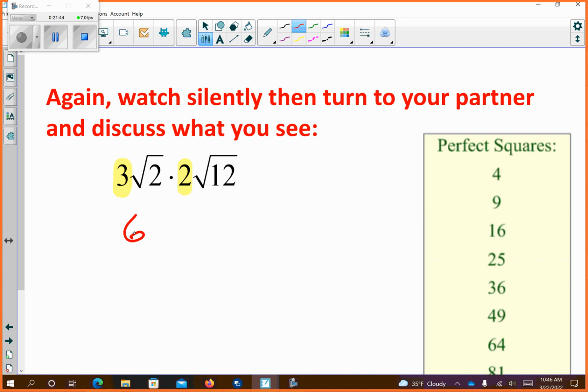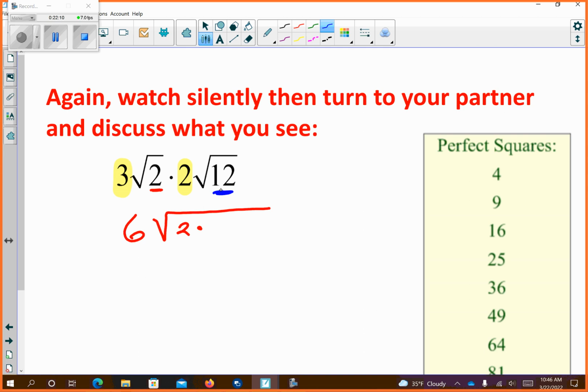Now, you could multiply 2 and 12 together because they're both inside. Or, square root is looking for how many of a kind? 2 of a kind. All right. So this 2, I'm going to bring down here. Let's start breaking 12 down.